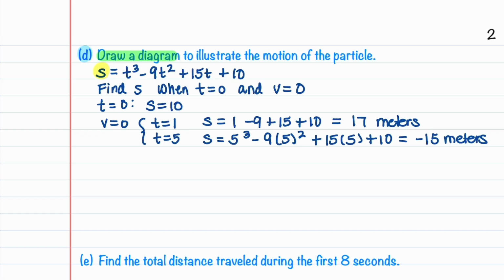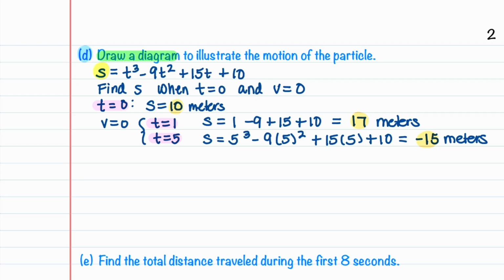The time values that we're interested in are t is 0, t is 1, and t is 5. And then the position values are 10, and I just realized I did not put meters there, so I'm going to put in meters. And then we have 17 and minus 15.